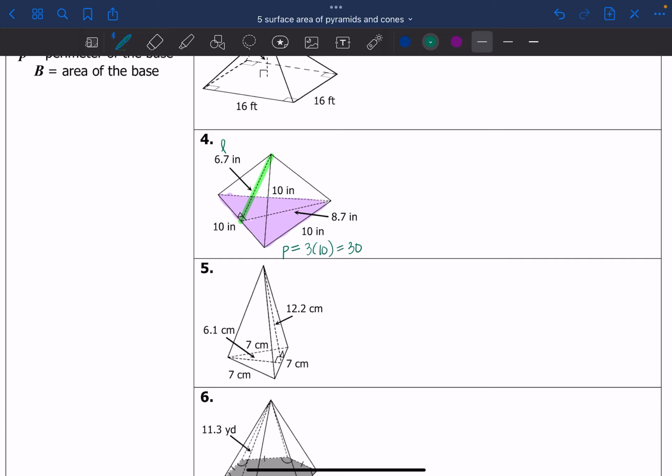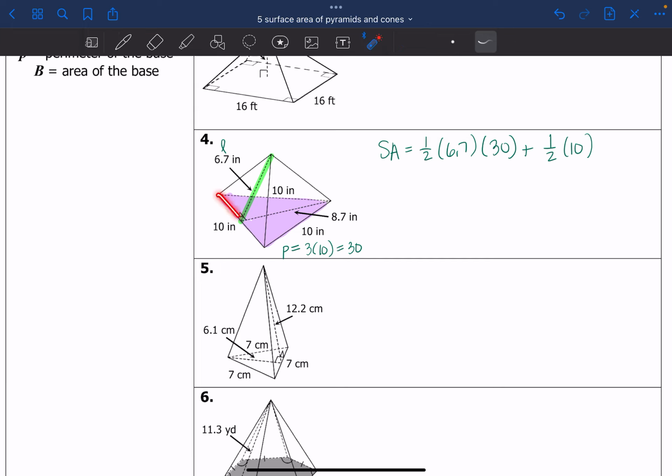So into our surface area formula, we have 1/2 slant height, so 6.7, times our perimeter, 30, plus we want the area of the base. I want the area of the part that I have highlighted purple. It's a triangle, so it's also going to be 1/2 base times height. So 1/2, if all the sides are 10, then the base has to be 10.